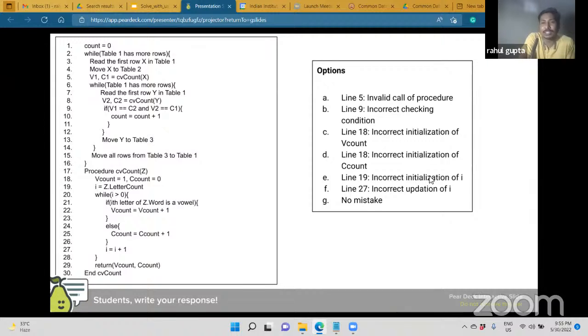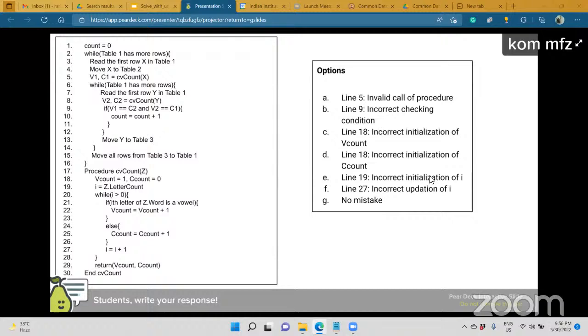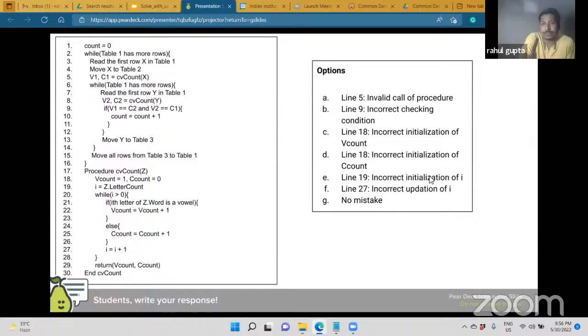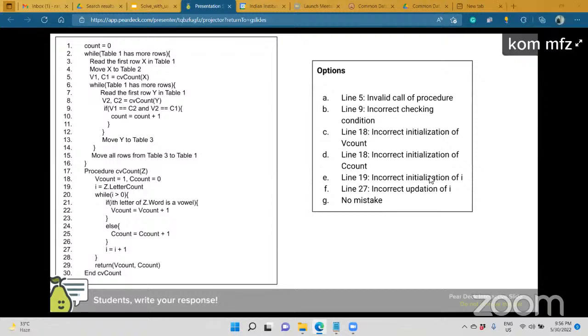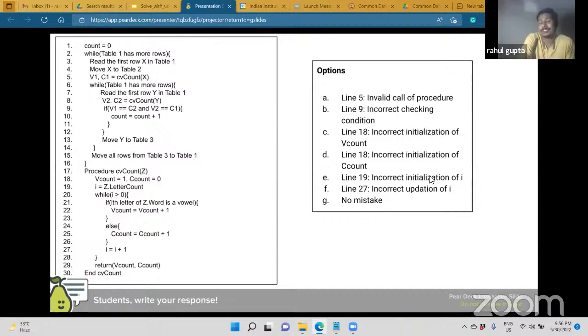You give a value, right? Yes. But at the start when we initialize, it also declares what type of variable that is, whether it is a string or an integer. So by initializing, we not only give a value but also tell what kind of data type the variable is going to have. Here we don't know about V1, C1.